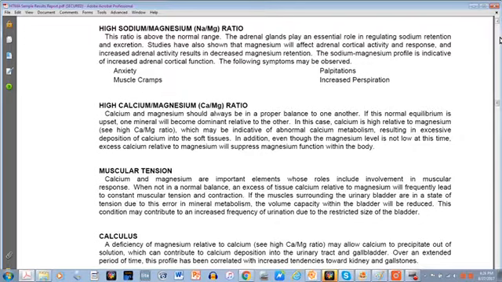If the muscles surrounding the urinary bladder are in a state of tension due to this error in mineral metabolism, the volume capacity within the bladder will be reduced. This condition may contribute to an increased frequency of urination due to the restricted size of the bladder.